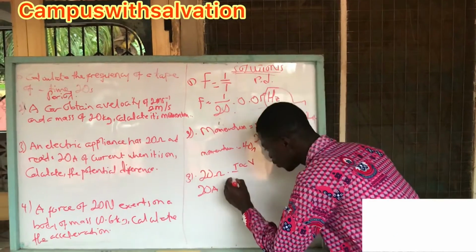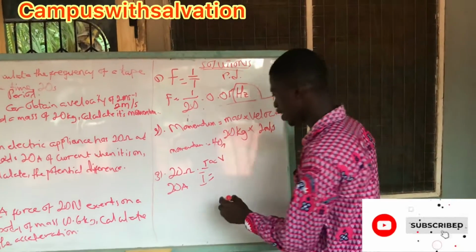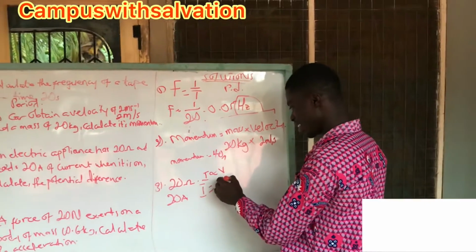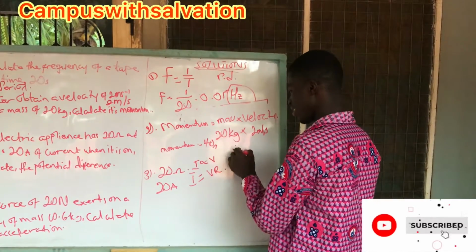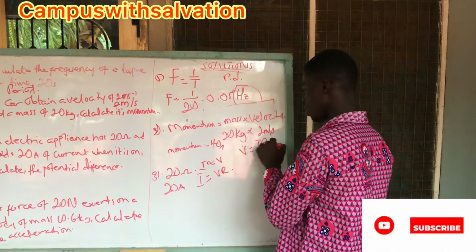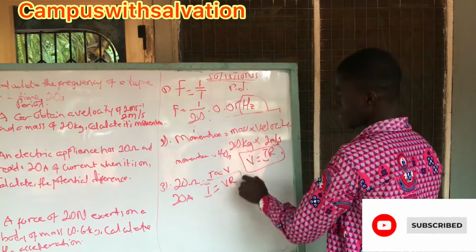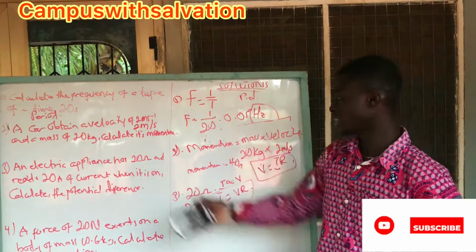So I is equal to V over R, removing the proportionality sign. So we generate a formula for this question.